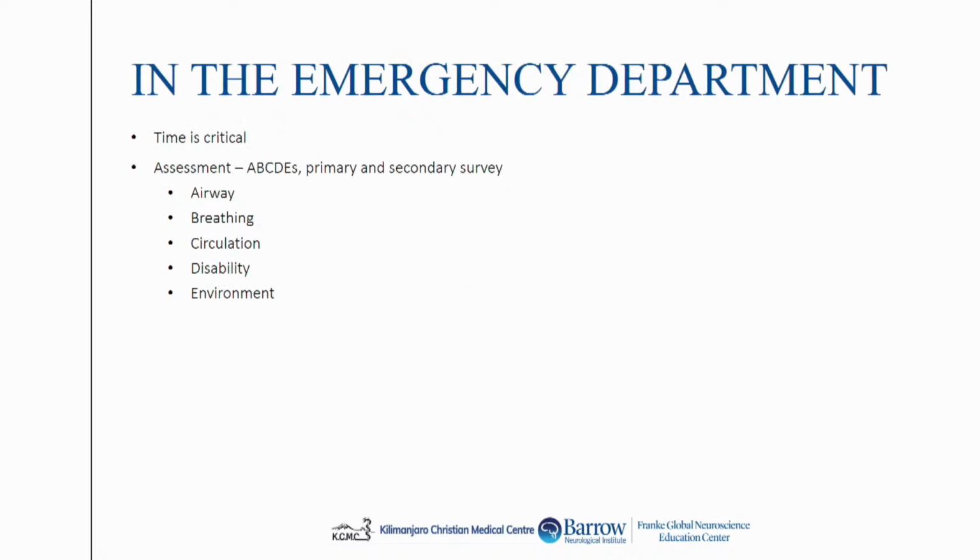So in the emergency department, again, I spoke a little bit about teams, et cetera, but the actual assessment component, we rely on the basics of trauma care that you're all familiar with, again, in ED settings. Your standard A, B, C, D, E's, that should always be your first step. And we get a lot of neurological information out of that, as well as the primary and secondary surveys.